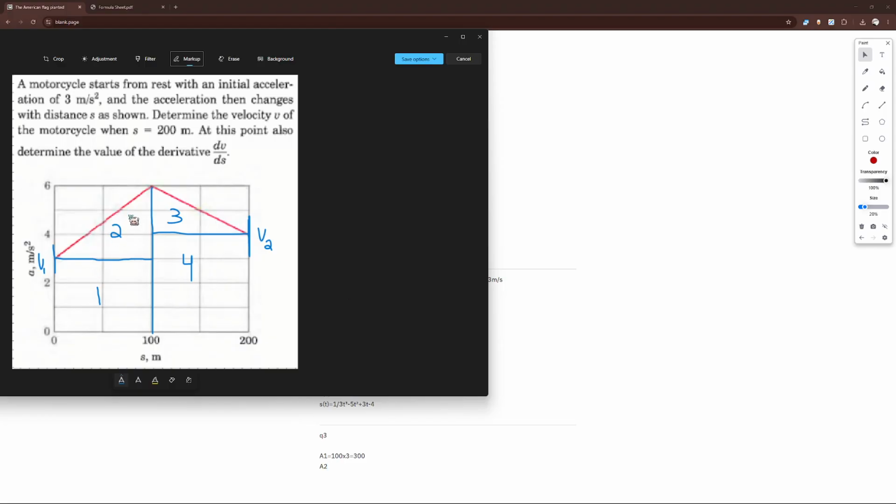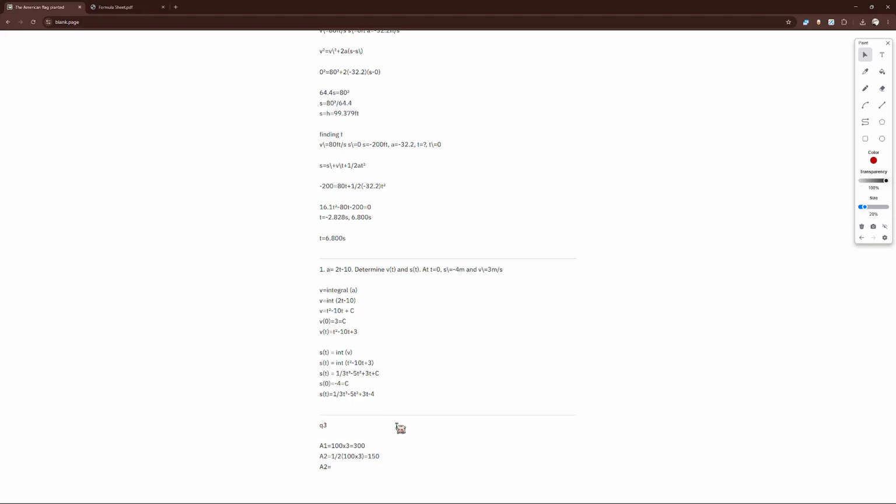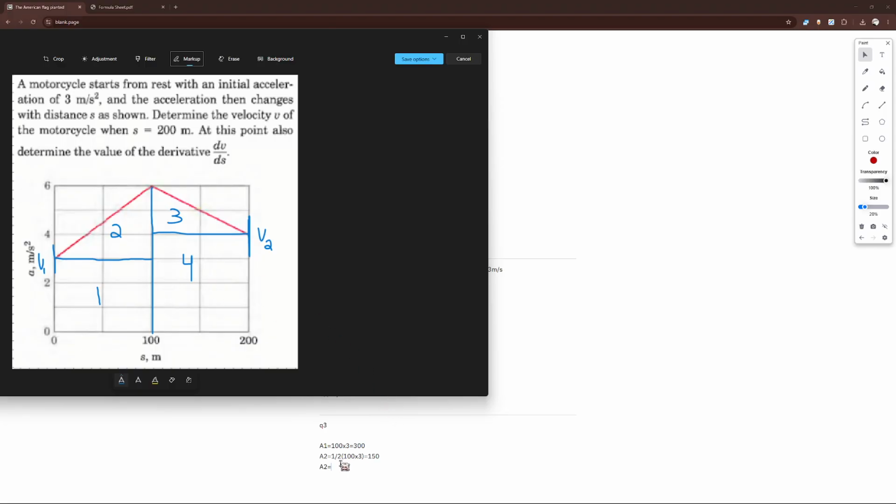Area 2, this triangle, right? We're going from 3 to 6. So height of 3, base of 100, is equal to half base times height, right? So a half of base 100 times height, which was 3. So this is equal to 150. A2 is equal, sorry.